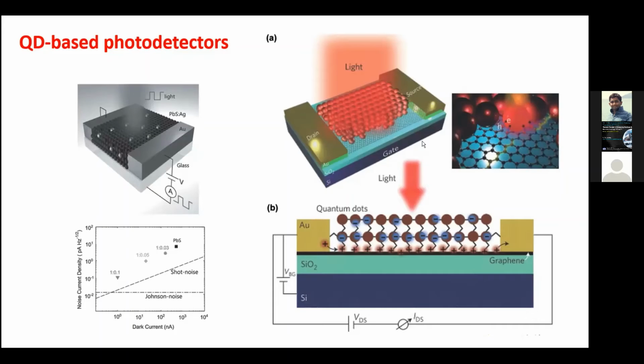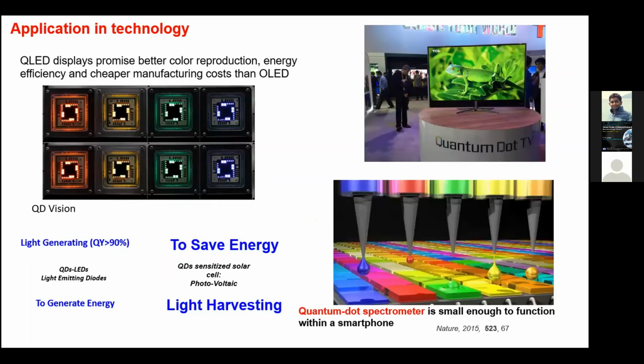And here also you will have quantum dots, and here they use graphene to decrease the hopping loss of the electrons. When you shine the light, the electrons and holes pass to the drain and source. You will have a phototransistor kind of photodetector.